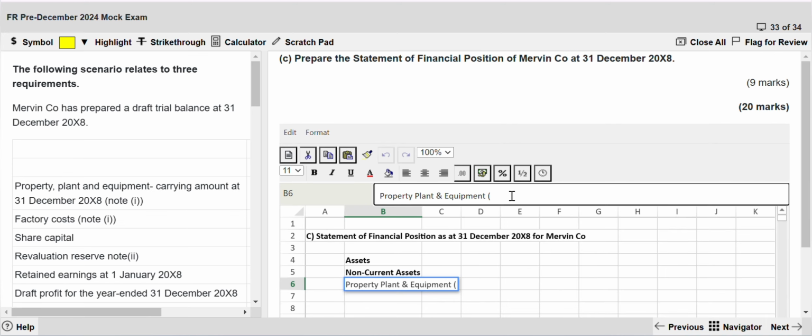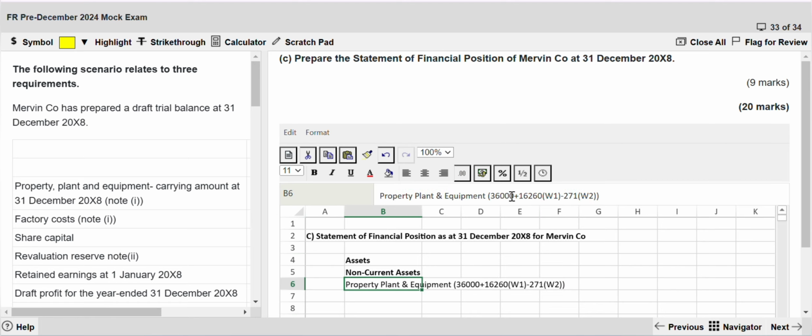So 36,000 plus 16,260, which you can refer to as working 1, correct? Minus there was a depreciation, no? Depreciation at 271, if I am not wrong. 271 was the depreciation.